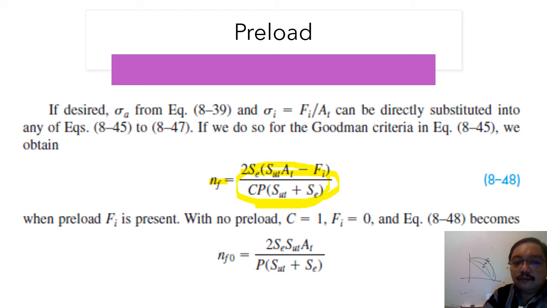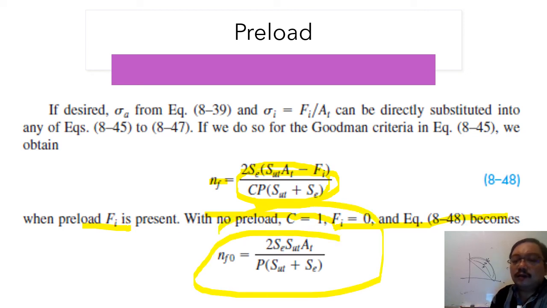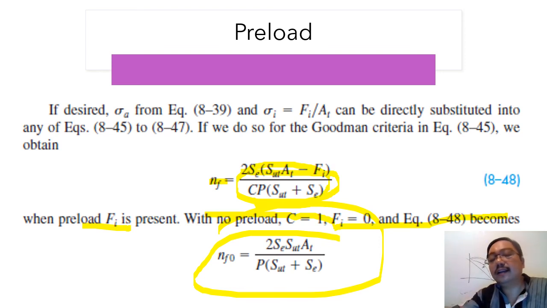With preload, Fi is present. With no preload, the stiffness of the bolt is 1, Fi is 0, and it becomes this equation. What does it mean by no preload? Meaning that you have not clamped yet. The bolt is not clamped yet. Okay, this is no preload.